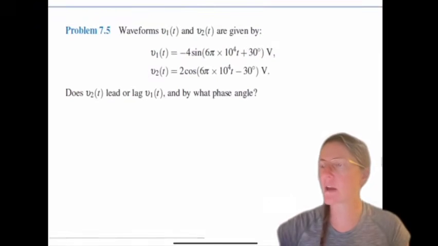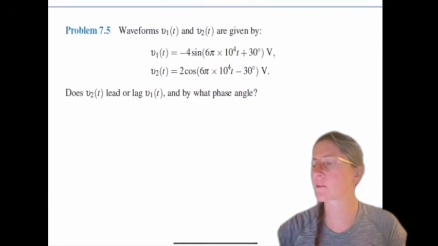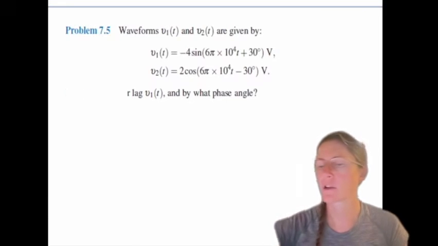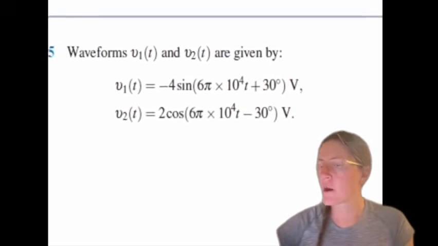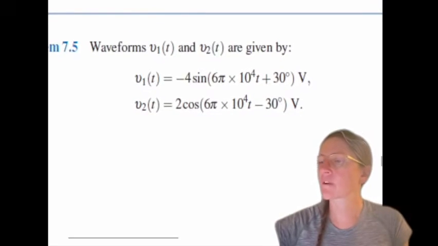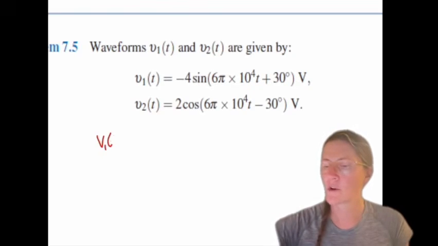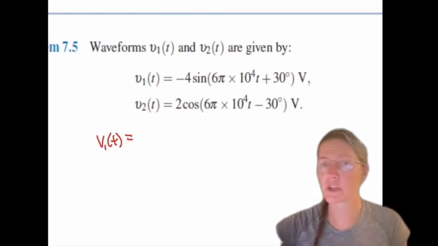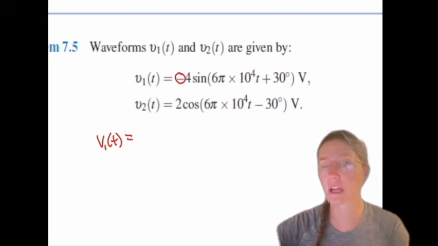All right, next example is looking at these waveforms and converting them into phasor form. So we're not going to concern ourselves with the lead and the lag, and we're going to just look at phasor transforms for these. So V1 is going to move into, you have to first convert it into cosine and also remove the negative sign out front.